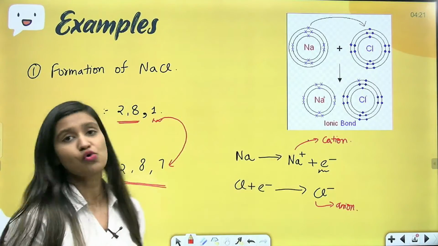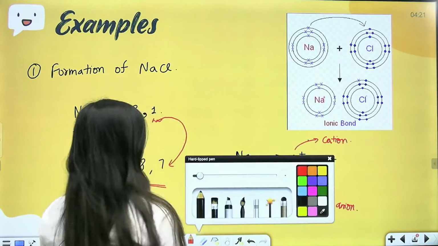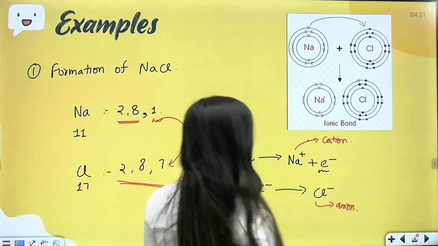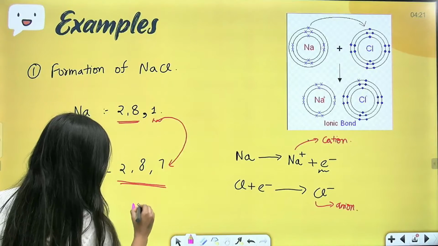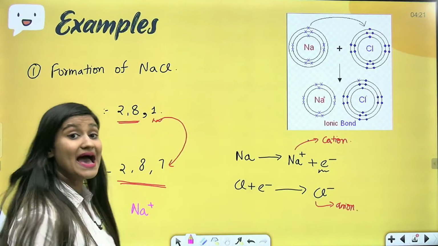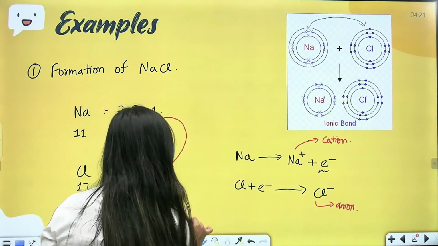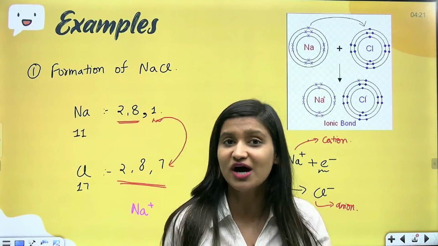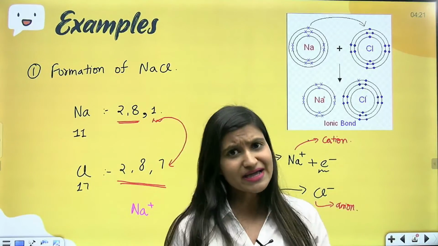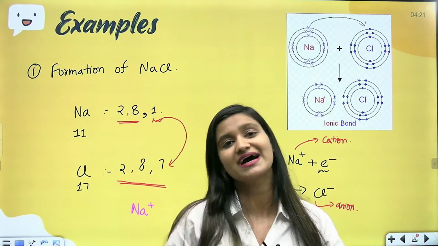So now what happened? We got two ions. Number one, it was Na positive, and number two, it was Cl negative. Right? Now you have a positive charge in one hand and a negative charge in the other.